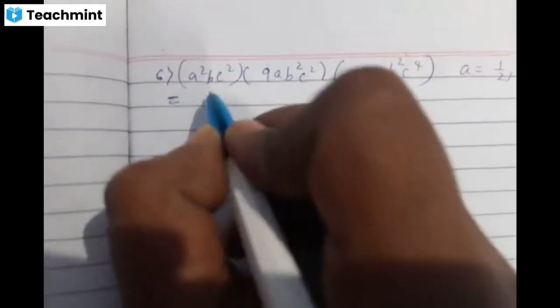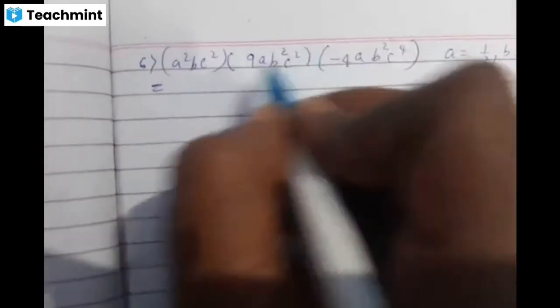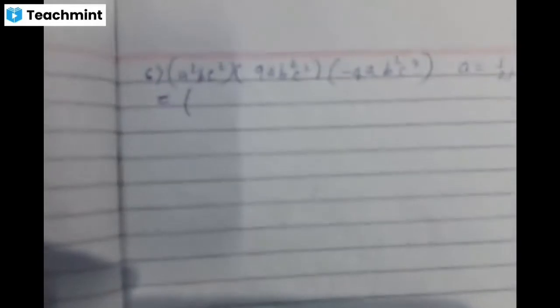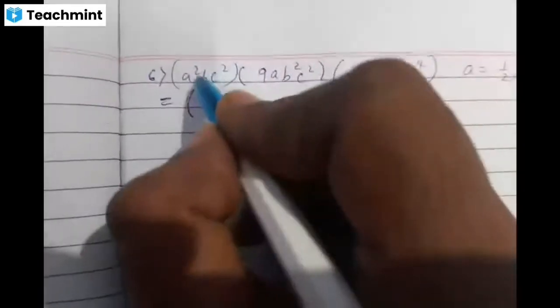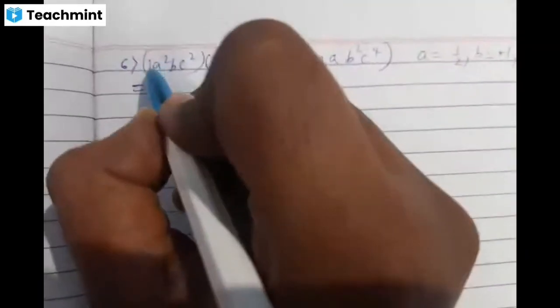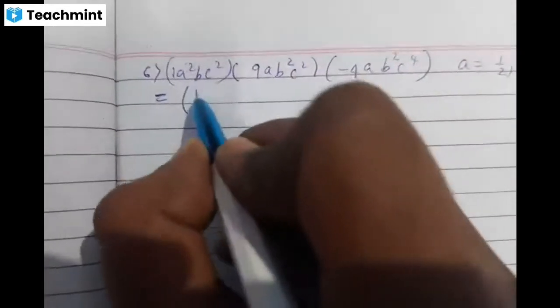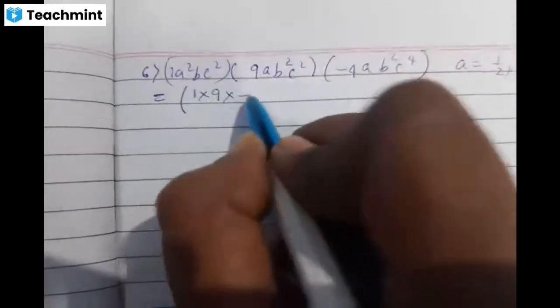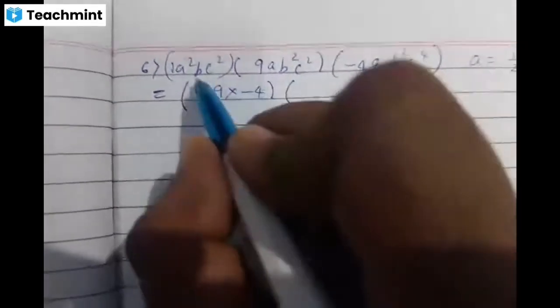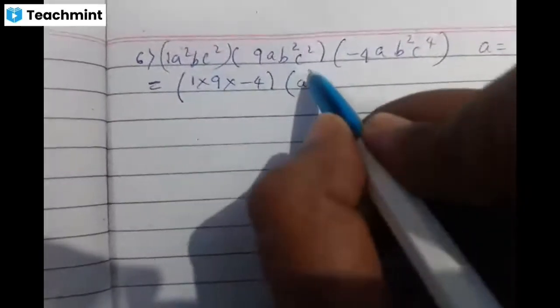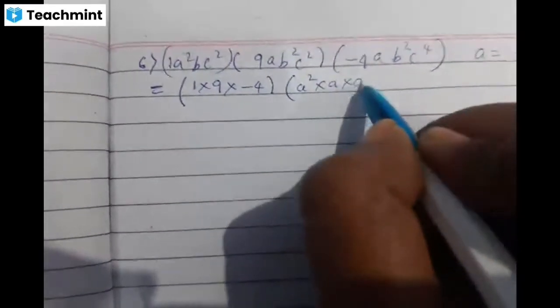Let us first multiply. Find the product means we have to multiply. What we do here, we are going to group the constants. So constant, if nothing is there, it is understood always we have 1 here. So 1 into 9 into minus 4. Next bracket we have a square into a into a.